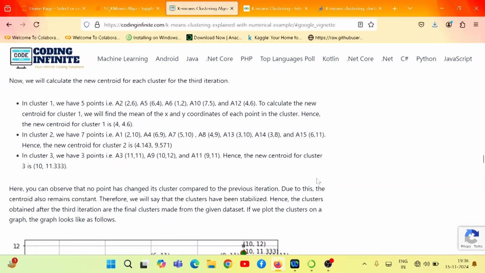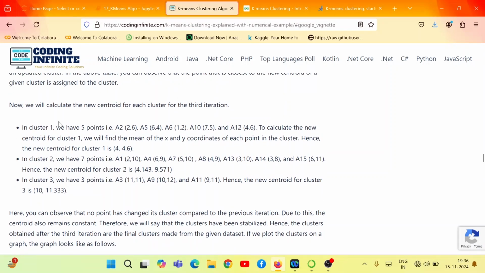So you may see here, in our case, at this point in cluster number 1, again we are getting 5 points. In cluster number 2, we are getting 7 points, as we obtained in the previous iteration, right? So we are not changing the centroid. When this is not getting updated, at that point this algorithm will stop.